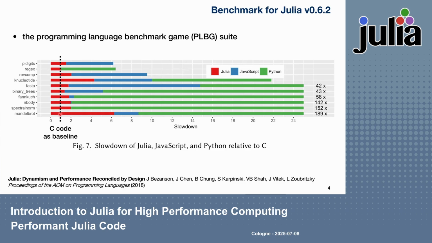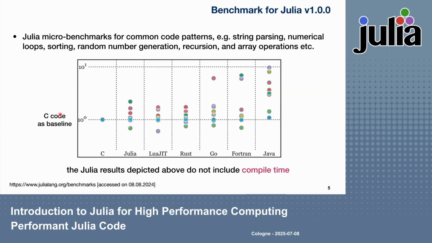Compared with the C code, you can see Julia code may not be as fast as C code at version 0.6, but very comparable, right? Julia version 0.6 was, let's say, 7 or 8 years ago.